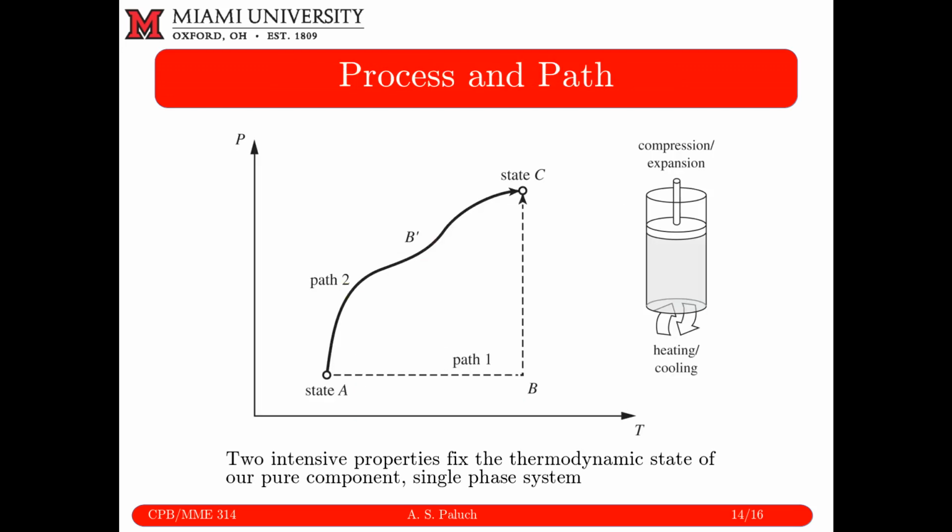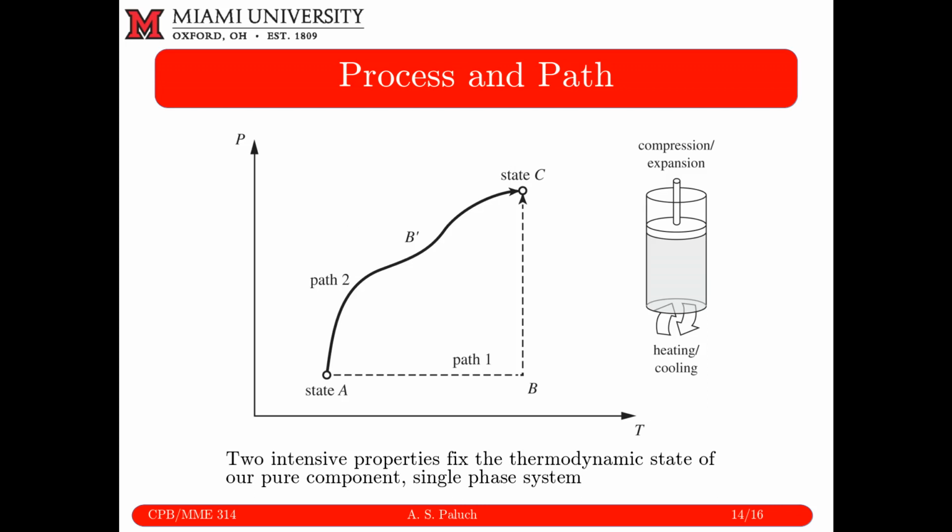All right. So the last concept is talking about processes and path. As we just said, if I have a single component, single phase system, I have 2 degrees of freedom, so my system is fully characterized with 2 intensive properties. Pressure and temperature are often 2 of our favorites because they're physical quantities I know, understand, and can readily measure.